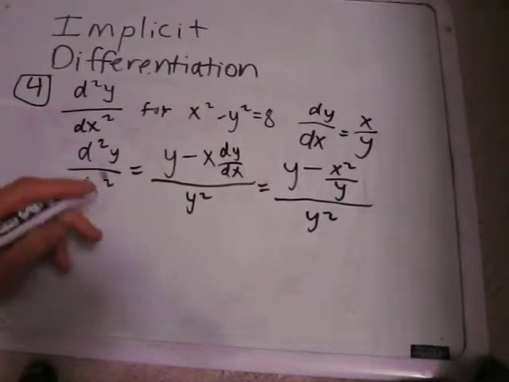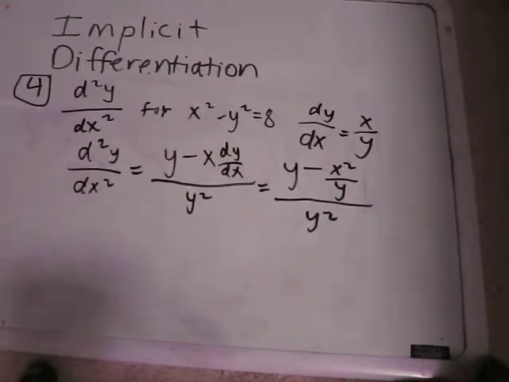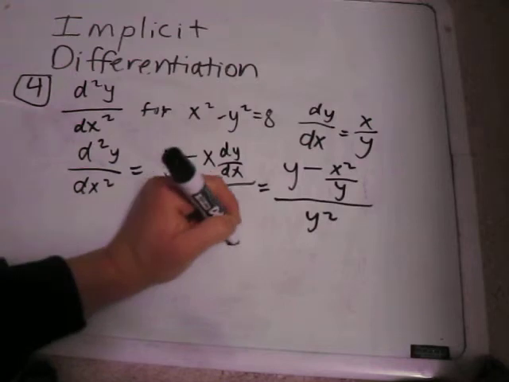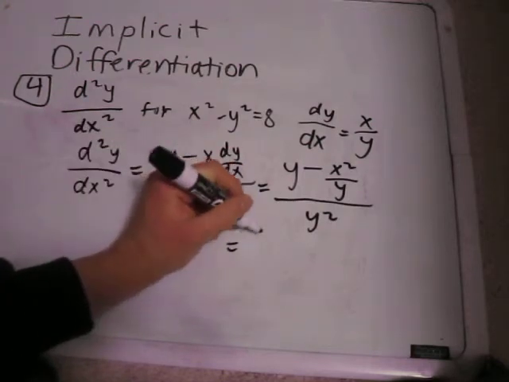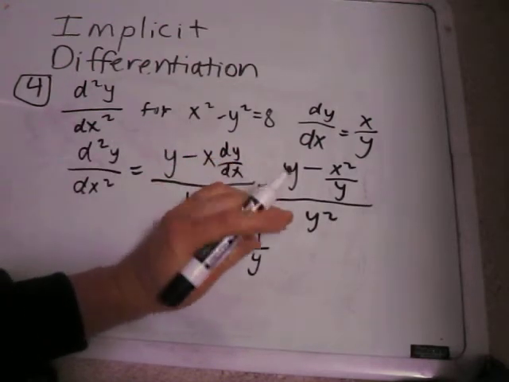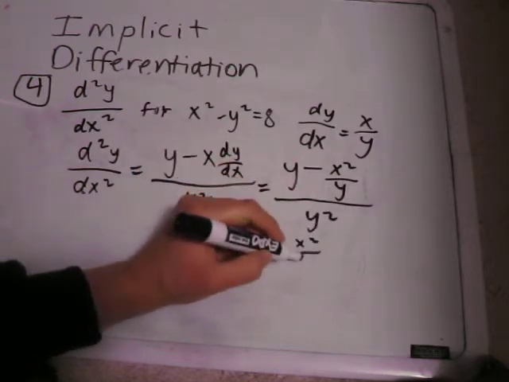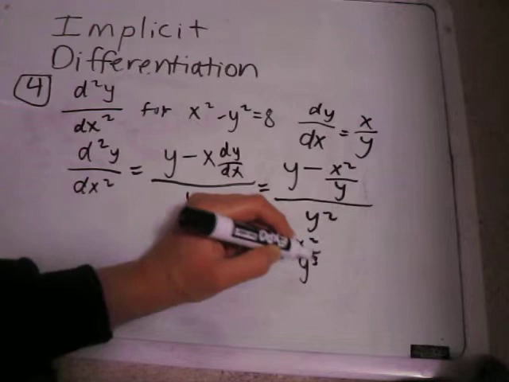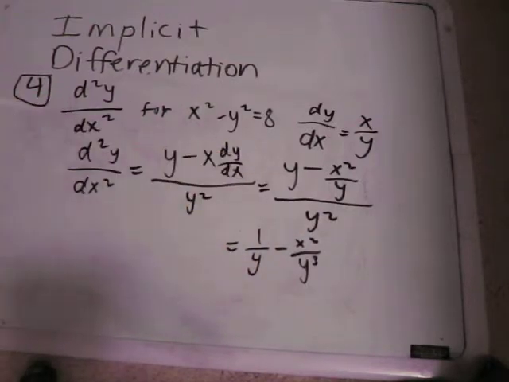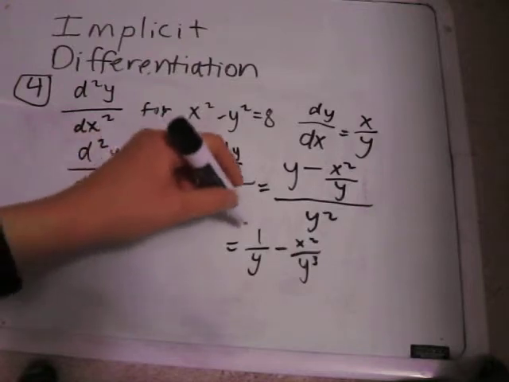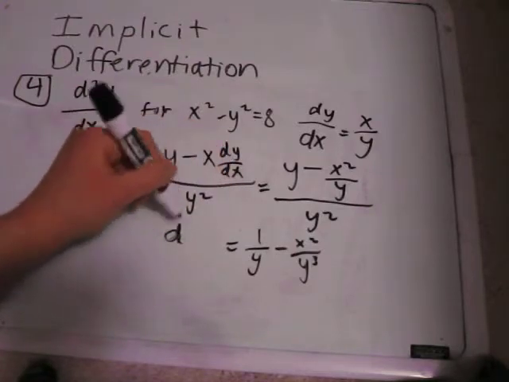So you can either simplify that if you want to, and then you'll have just 1 over y minus x squared over y cubed. Okay, so that's your final answer.